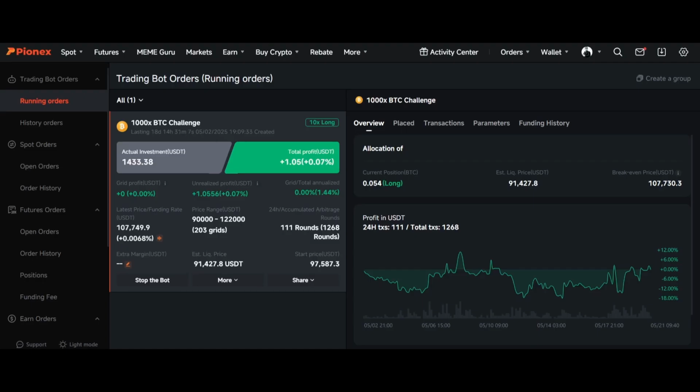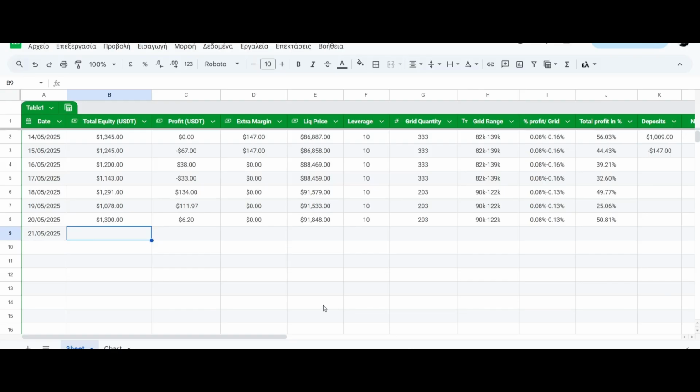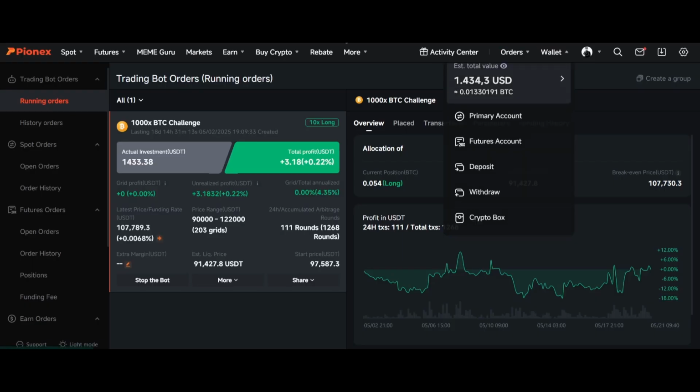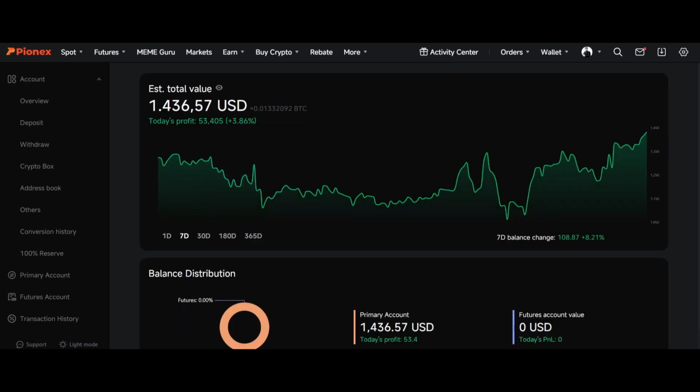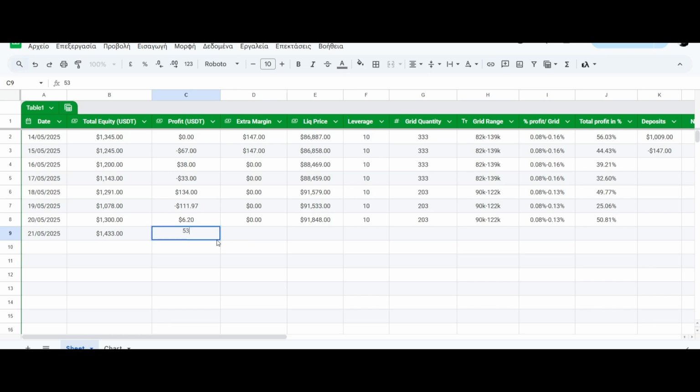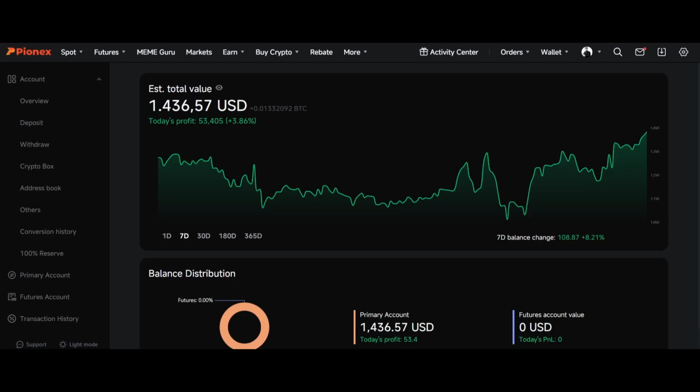Okay, you see here profit today is 53.4. Extra margin is 0.